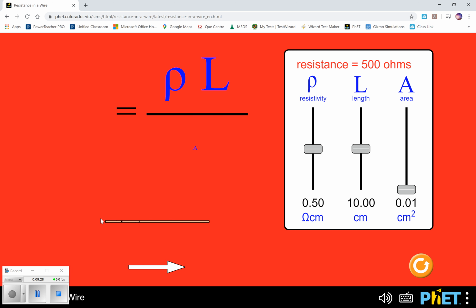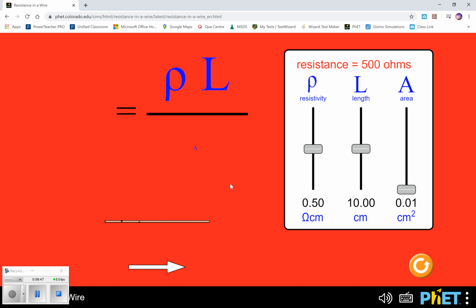This is why we don't use small gauge wires, let's say, on your refrigerator. We're not using really thin wires that you might have on your headphones to power your refrigerator. I know we have wireless headphones now, but you know what I mean.